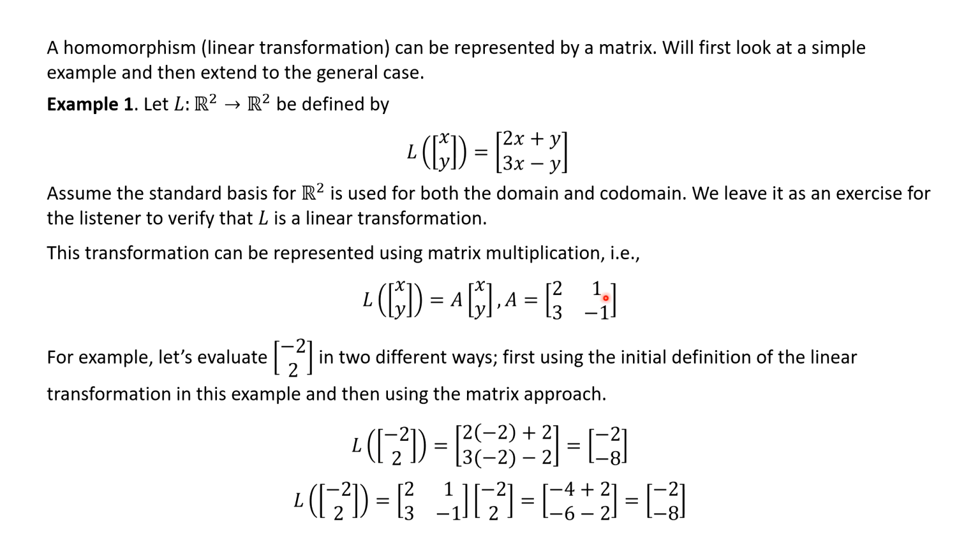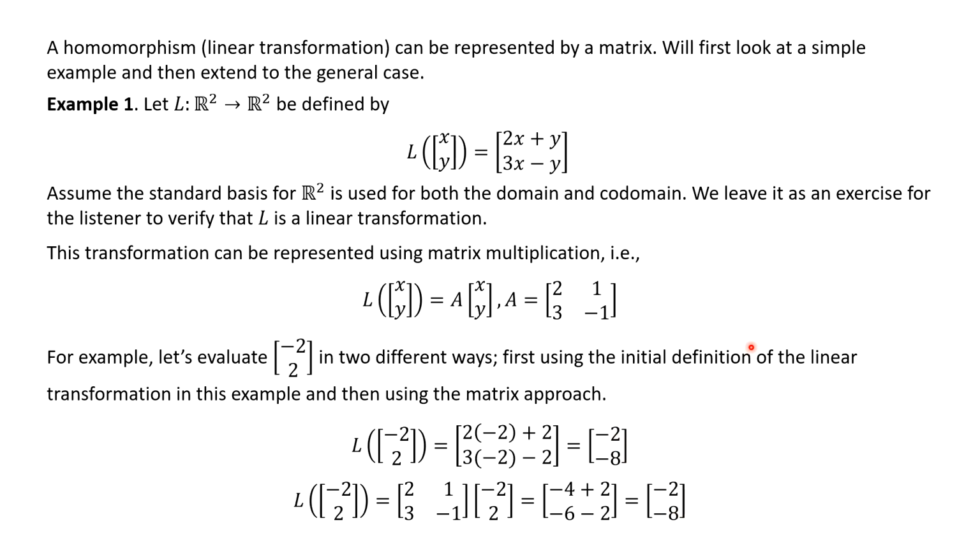If we use matrix multiplication, we multiply [2 1; 3 -1] times (-2, 2). 2 times -2 is -4, 1 times 2 is 2, that's -2. Then 3 times -2 is -6, -1 times 2 is -2, giving -8. So we do get the same thing here.